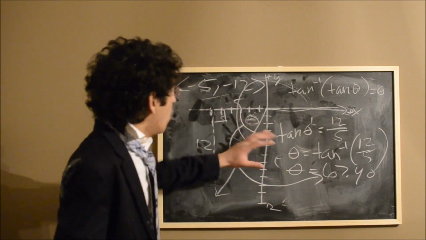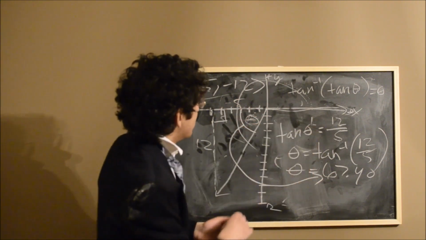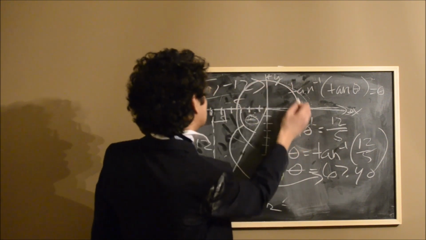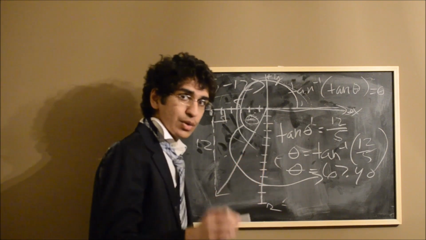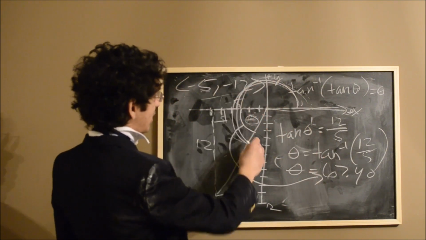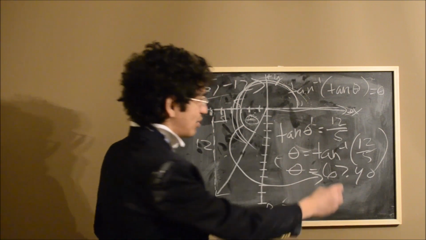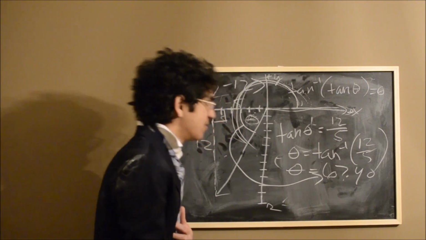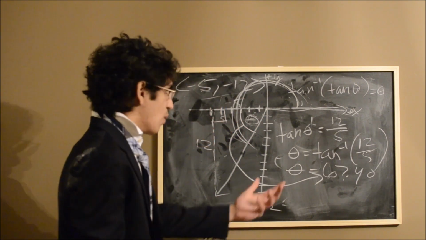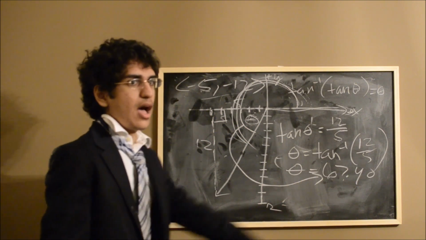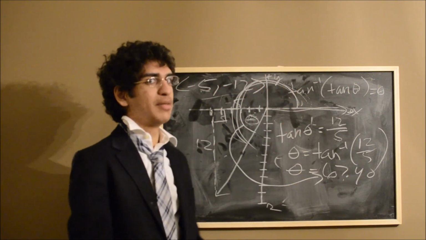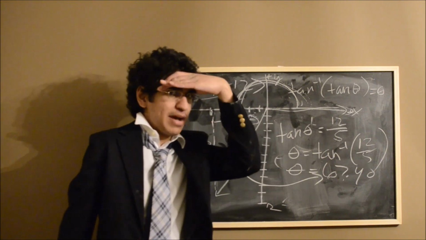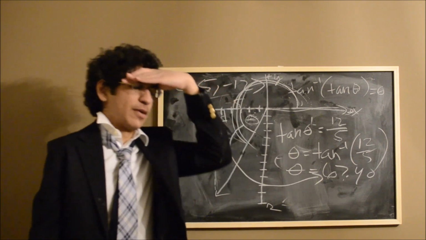So what is that? Well, we found that this was 67.4. So now we know this angle right here, this semicircle, is 180 degrees. So what we do to find the total angle, this angle right here, is we take 180 and we add it to 67.4. And what is that? Well, this is obviously a very complex calculation, so I'm going to perform very complicated mathematics and I'll get the answer.